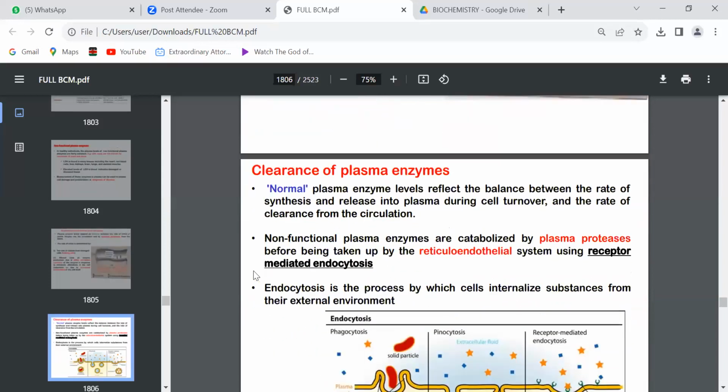If the clearance is okay, it would clear. But if clearance is also affected, there will also be an increase in the level of enzymes.